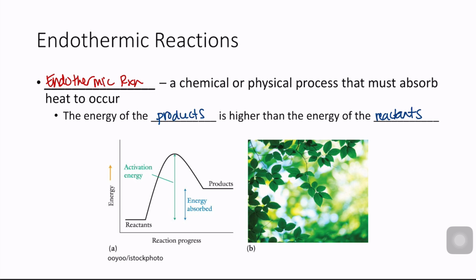And notice that our activation energy for an endothermic process is much higher than that of an exothermic process. It's still the energy difference between the reactants and the highest possible point in the energy diagram. And the energy that is absorbed is still the energy difference between the reactants and the products.